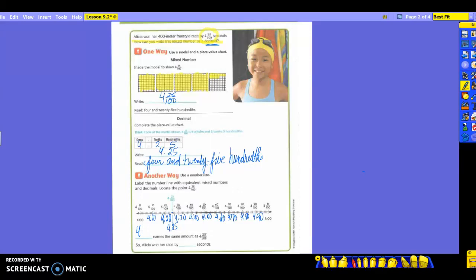Decimal point. 25. So that means the same amount as 4 and 25 hundredths. So Alicia won her race by 4 and 25 hundredths seconds. Everybody's okay with this?